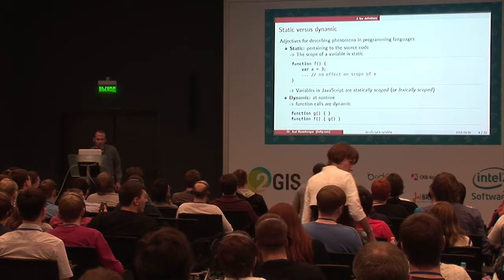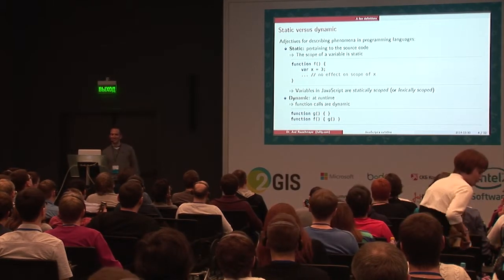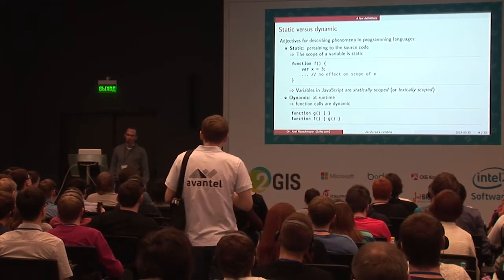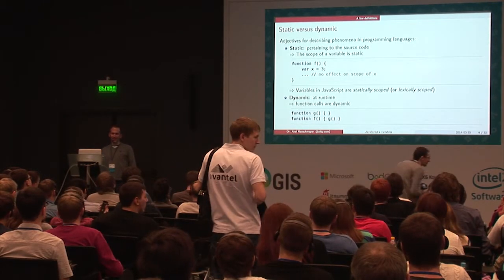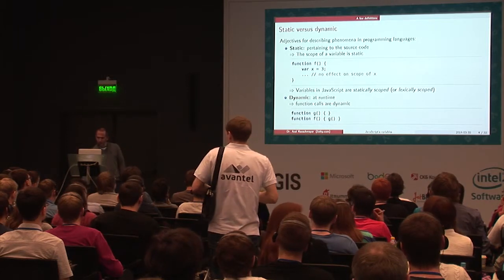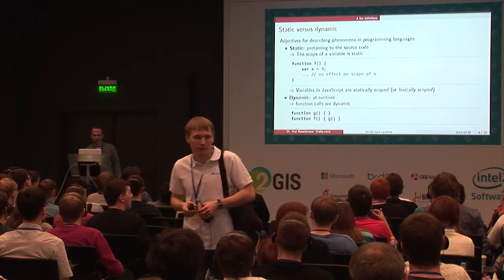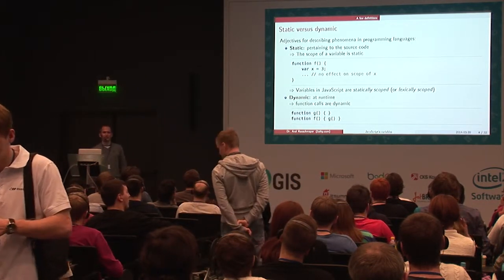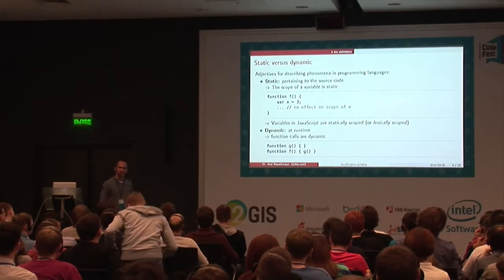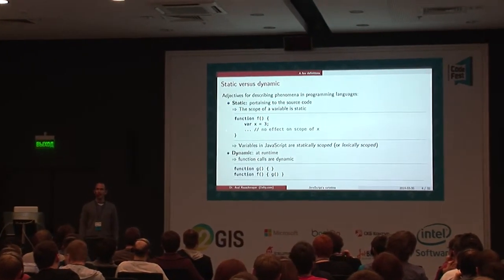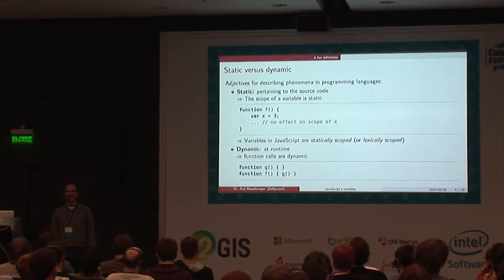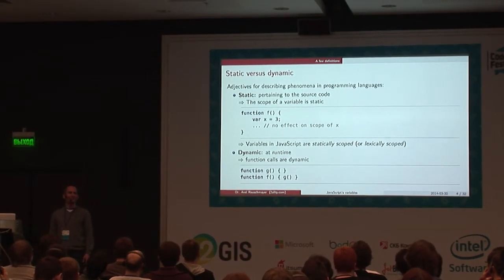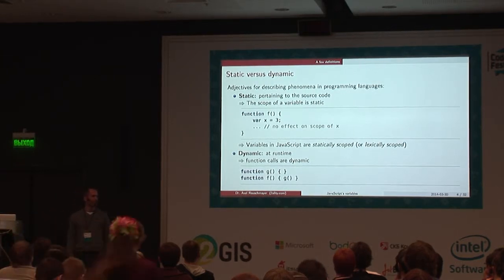Then there are two adjectives, static and dynamic. You've probably heard these words before, but they have a specific meaning when it comes to programming languages that is universal. Static means something that retains the source code. So whenever a phenomenon is static, you can simply look at the source code and determine what is going on.